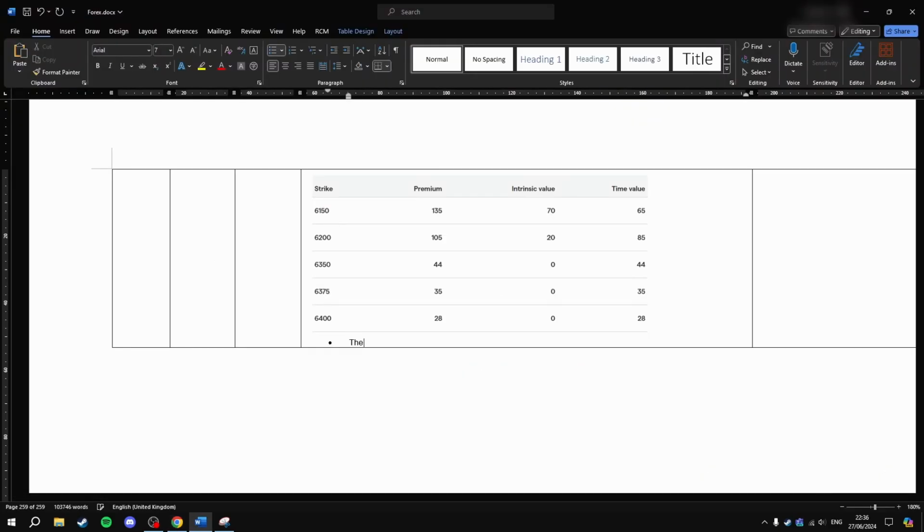So the more time left to expiry, the more an option will cost.